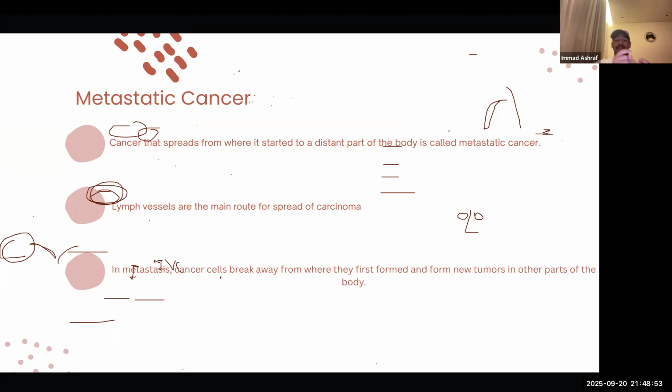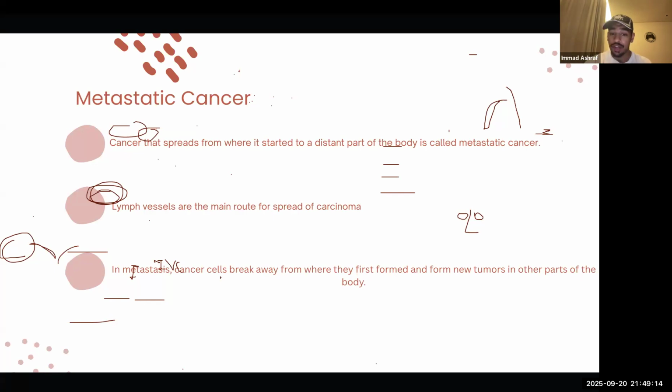In metastasis, the cancer cells break away from where they originally are. Let's say a person has cancer of the ovaries. When cancer cells break away and enter the interstitium, the lymph picks them up and takes them to the lymph nodes.